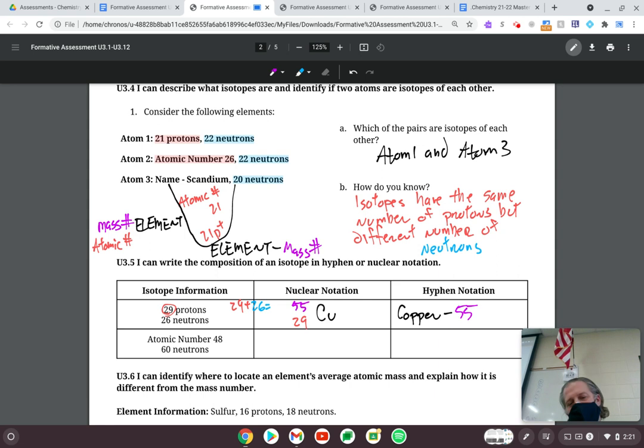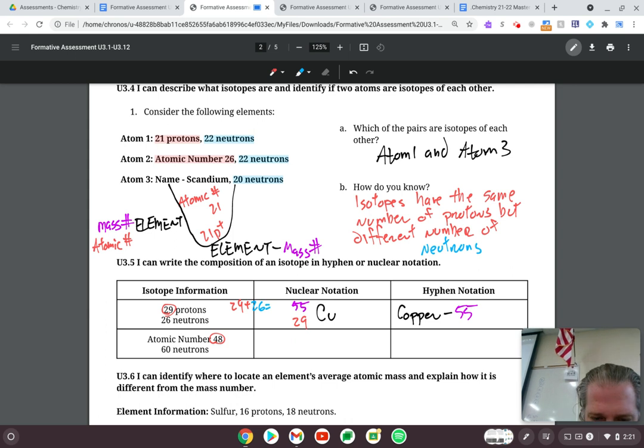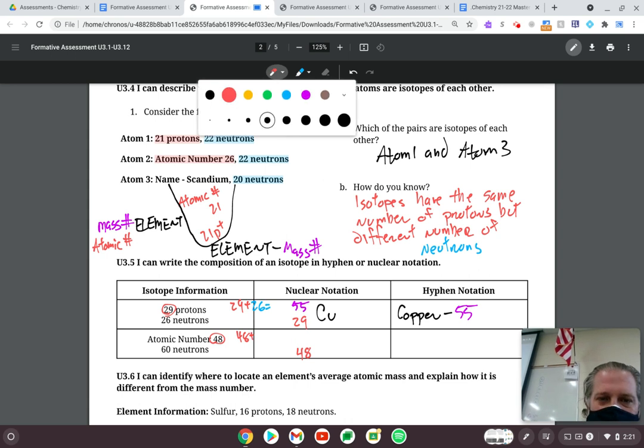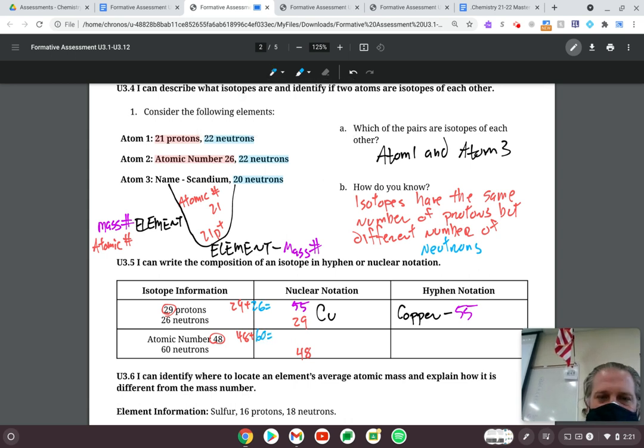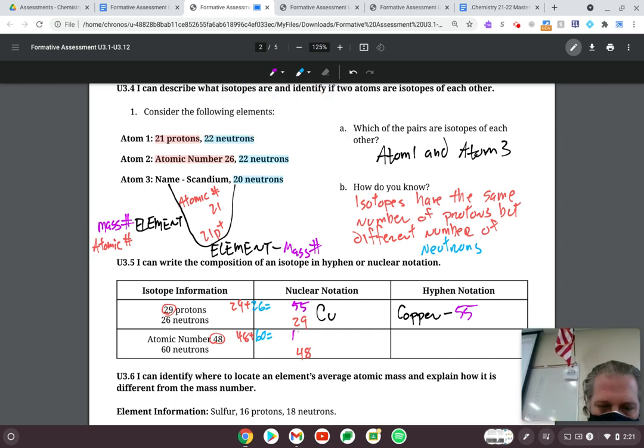And then for the next one, we're given an atomic number of 48, which tells us the number of protons. So I'm going to put that right down there. And then to figure out 48 plus 60 neutrons is, if I did my math right, I believe it's 108, the mass number.